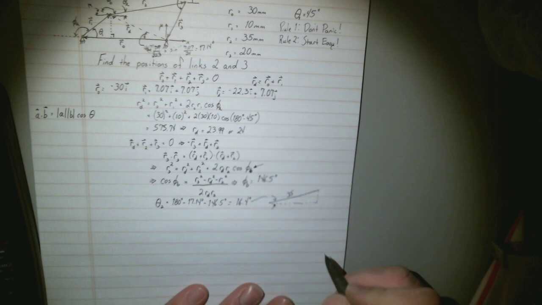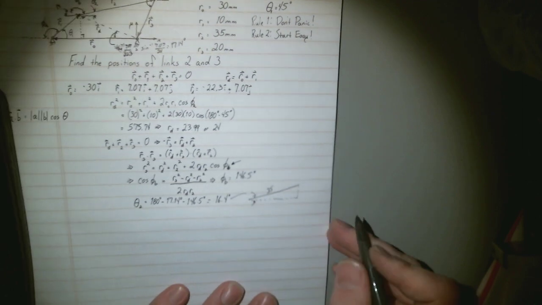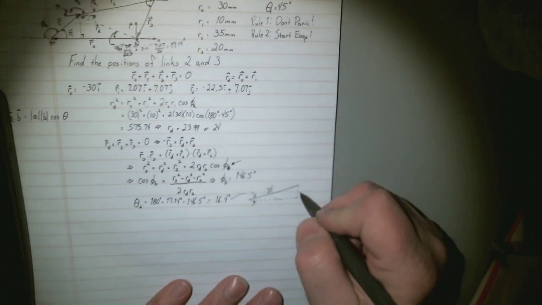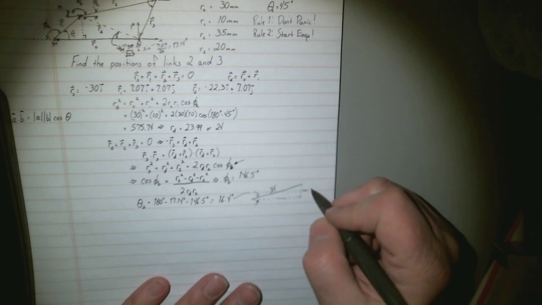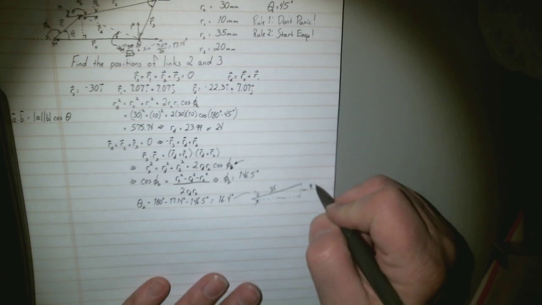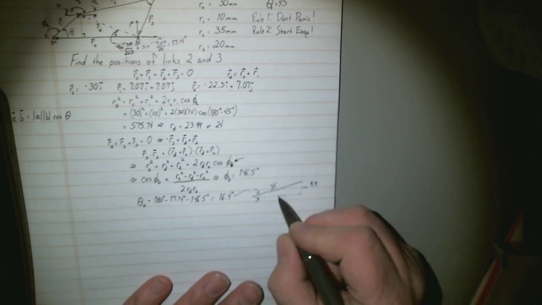This angle is 16.4 degrees. Therefore, this side is 16.4, take the sine, multiply it by 35, 9.9.